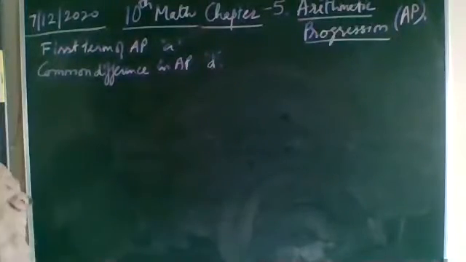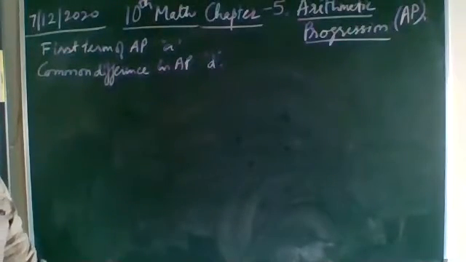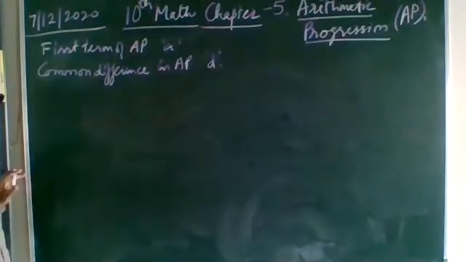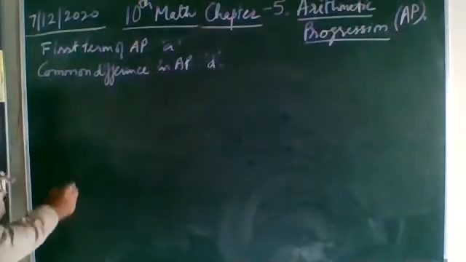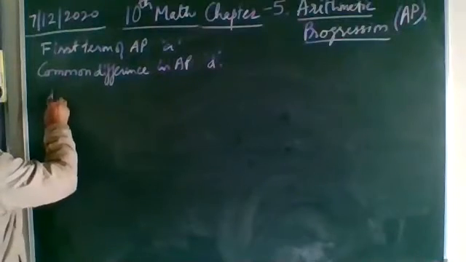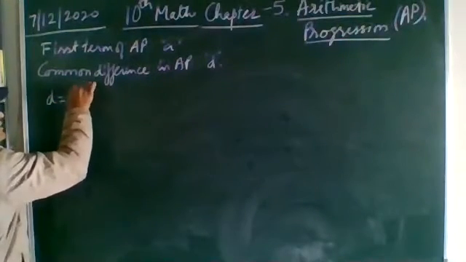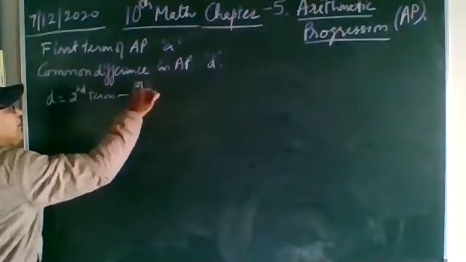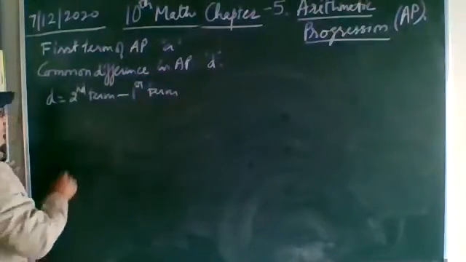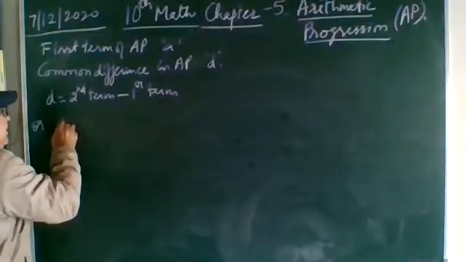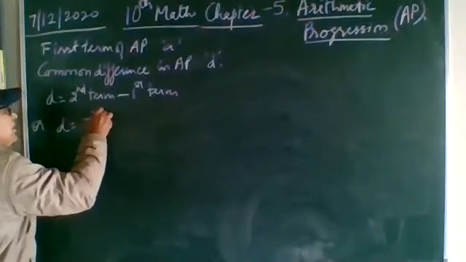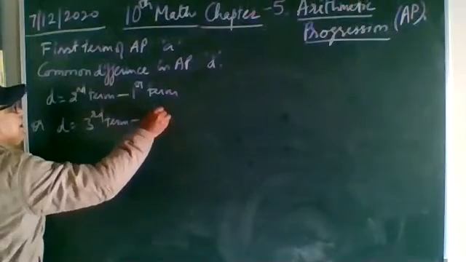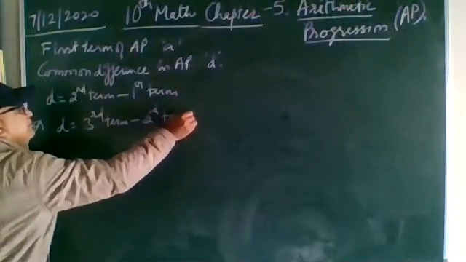When we talk about common difference, how is the common difference calculated? Common difference is the second term minus the first term, or the third term minus the second term.